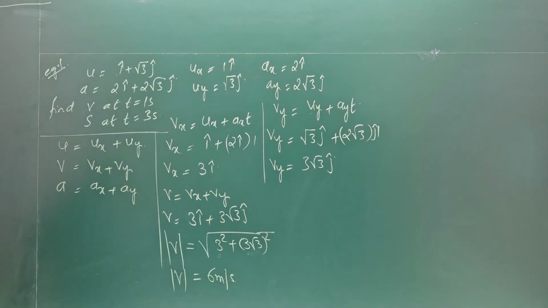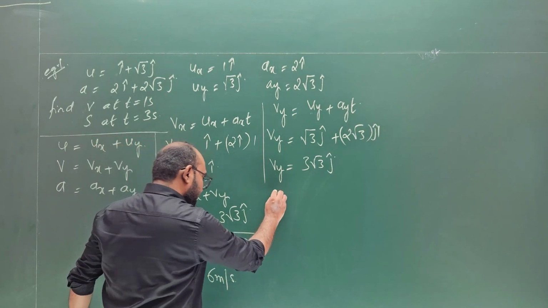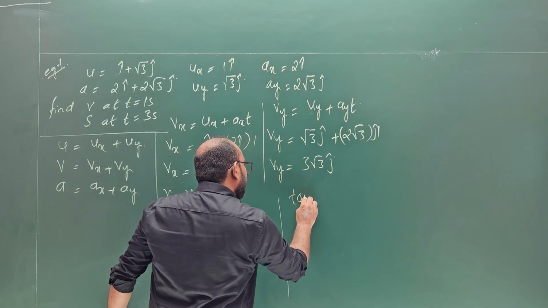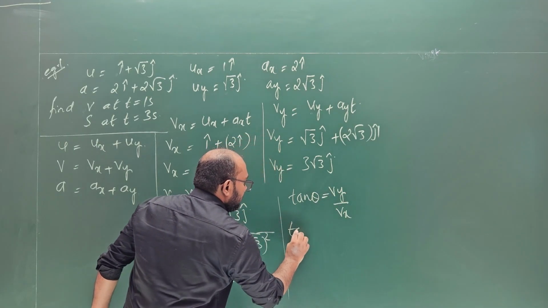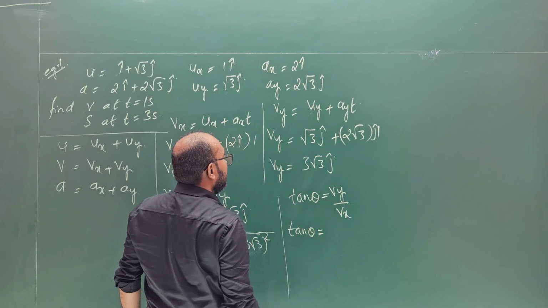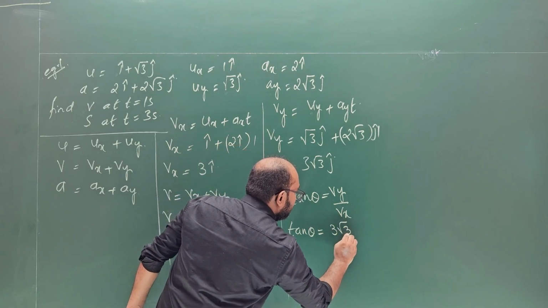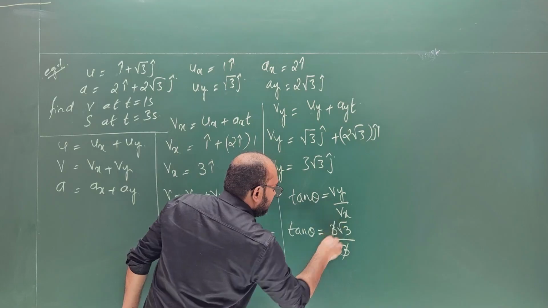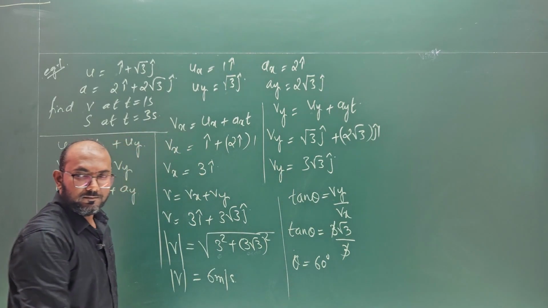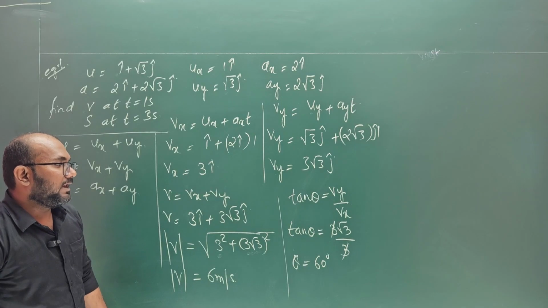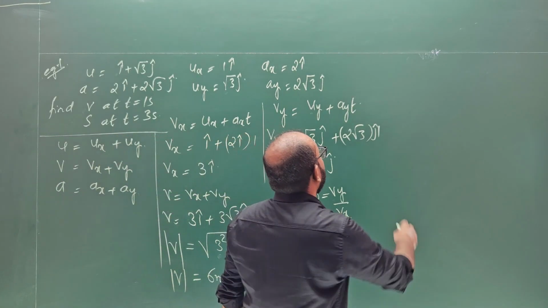Similarly, they can ask you the theta also. Then can I say that tan theta is nothing but Vy upon Vx, or tan theta, Vy is how much? 3 root 3 upon 3. That means theta is equal to, can I say, 60 degree? Yes or no?